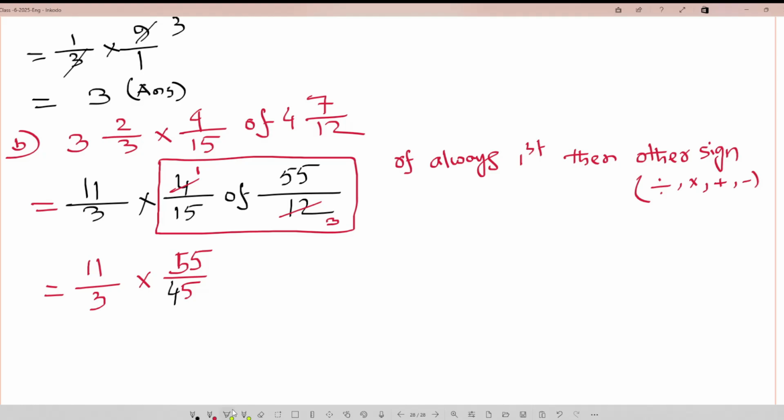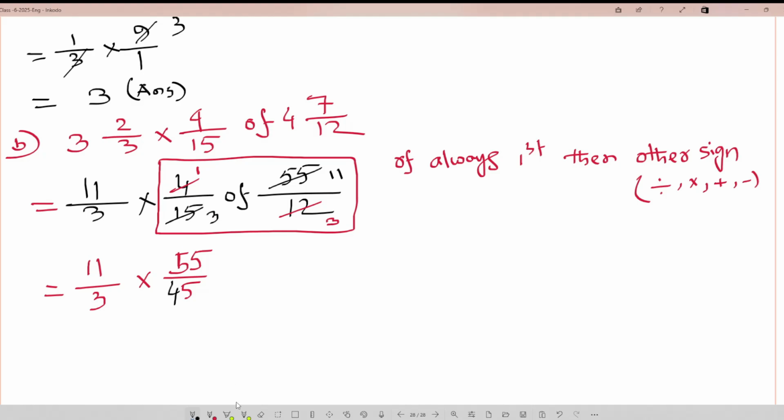Now what can we do? Look, here is 55 and here is 45. So we can also do it here: 55 we can divide by 5, so here is 11, and this 15 we can divide by 5, so here is 3, right?